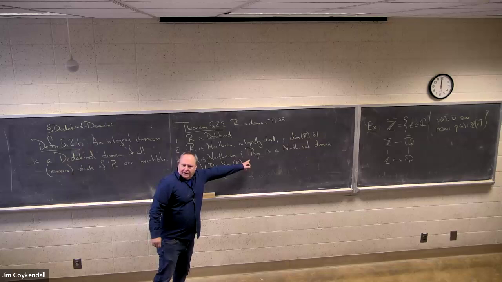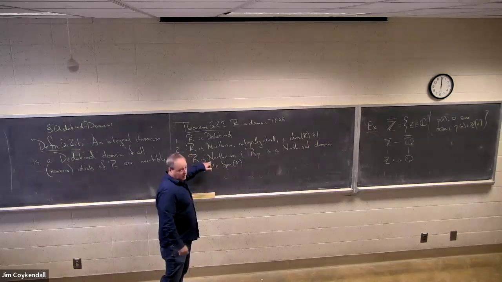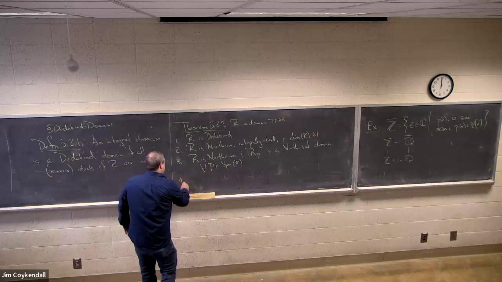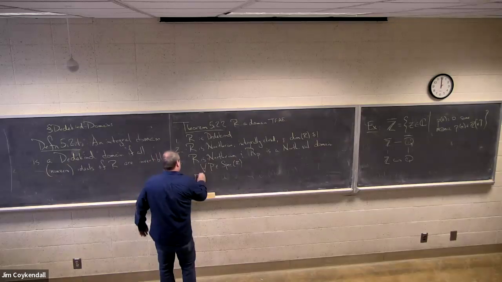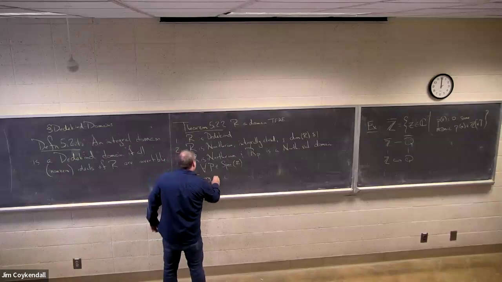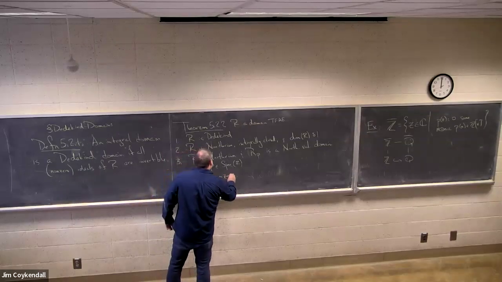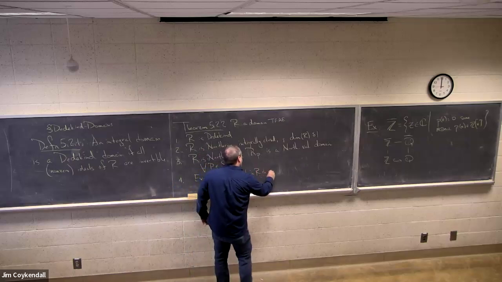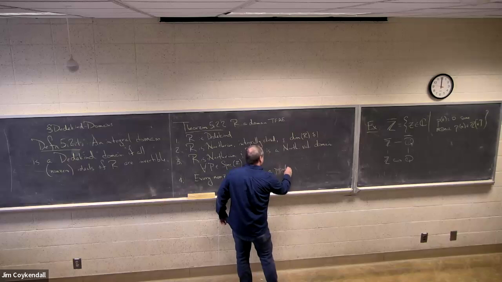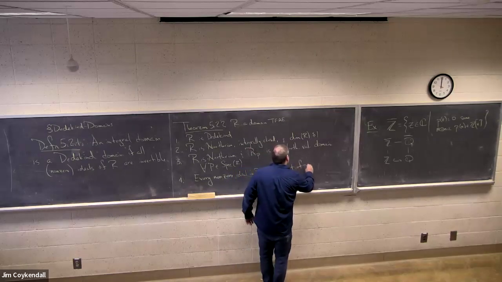You may wonder if the second statement is enough, but it's not. You need to also assume that R is Noetherian. And number 4, every non-zero ideal in R is a product, uniquely in fact, of prime ideals.